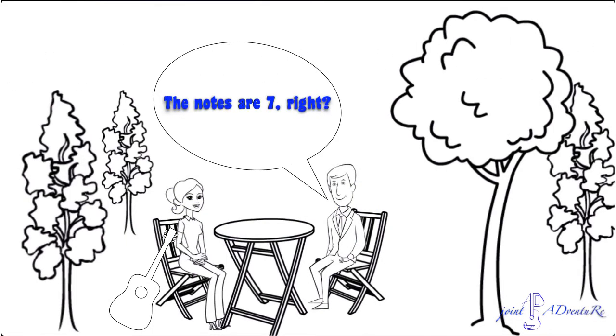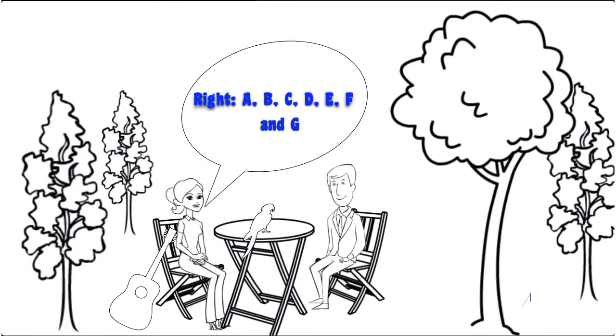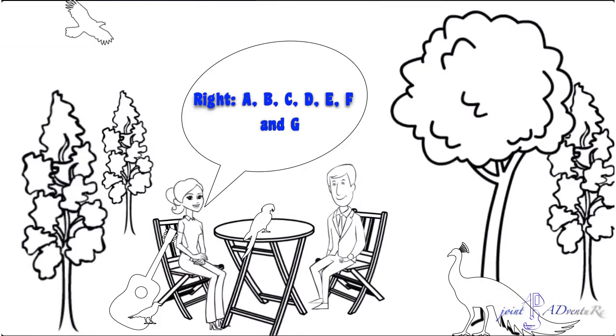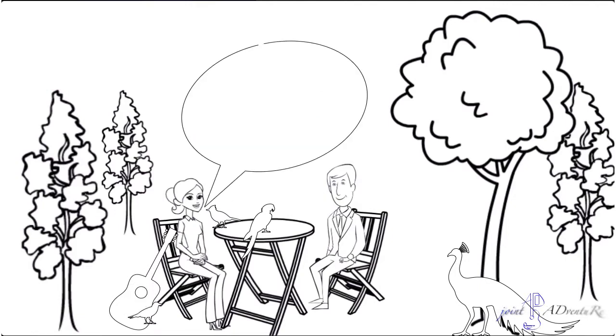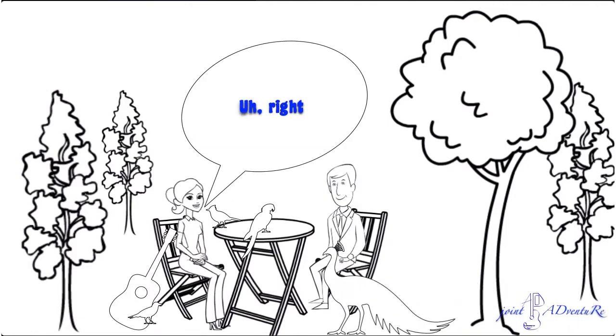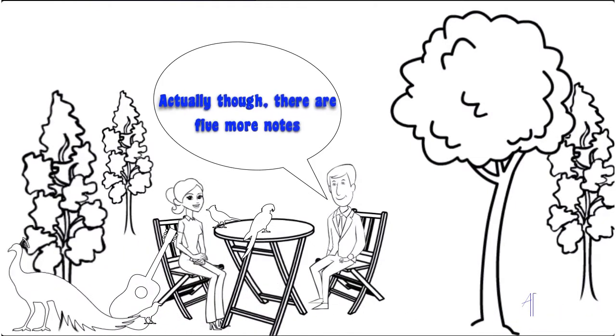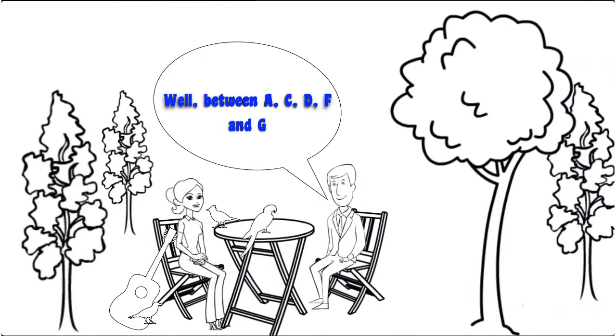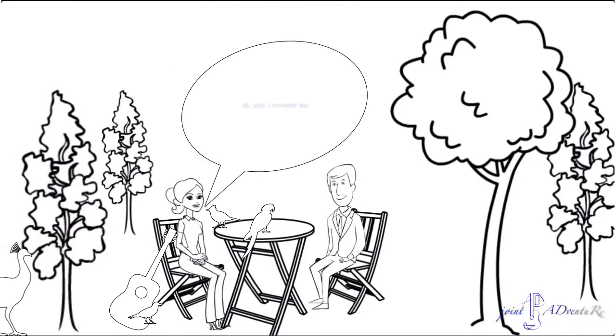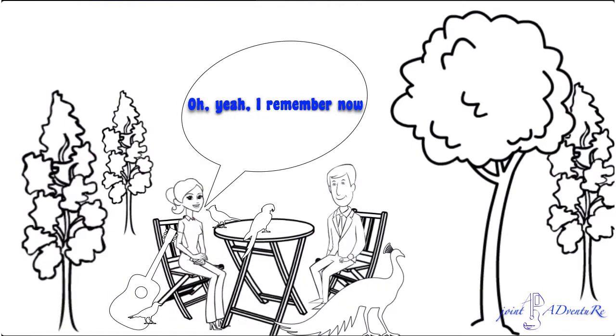The notes are 7, right? Right. A, B, C, D, E, F, and G, as we know them since the times of the Roman philosopher Boethius. Actually, though, there are 5 more notes. Where? Well, between A, C, D, F, and G. Oh yeah, I remember now.